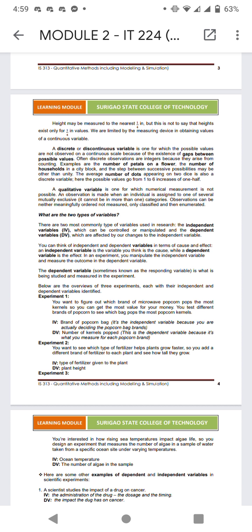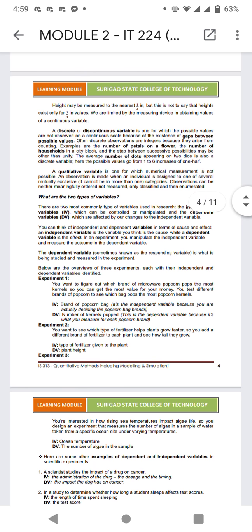This is how I understand this: the independent variable is the one that changes the outcome of the dependent variable. That is why it is called a dependent variable, because it is dependent on the independent variable. So it needs to have an independent variable for the dependent variable to change.